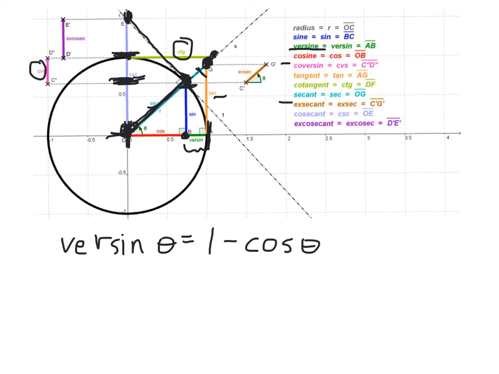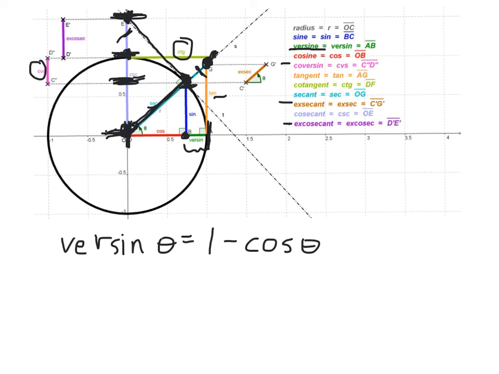So this right here would be the x secant, which would be secant theta minus 1. Then we also see the x cosecant, and that's the same idea with the cosecant goes from the origin out to this point. Well, the x cosecant would be cosecant of theta minus 1.